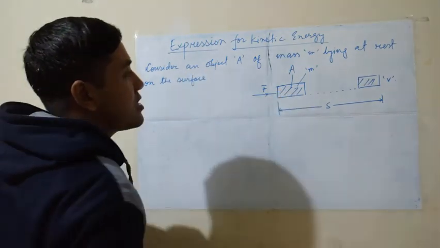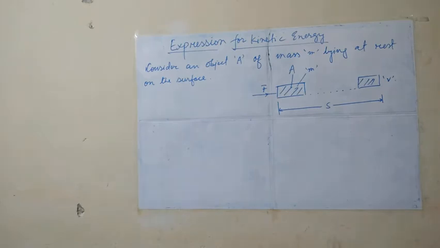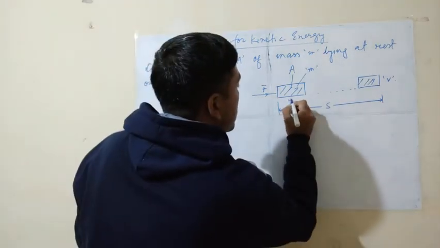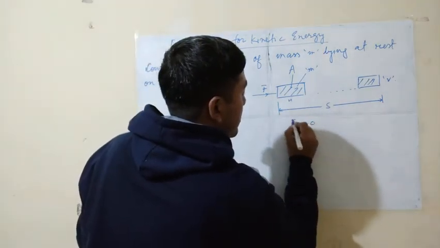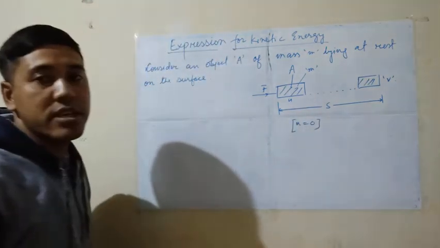That means this object does not move. That is, the initial velocity u is equal to 0, and rest means this object does not move.